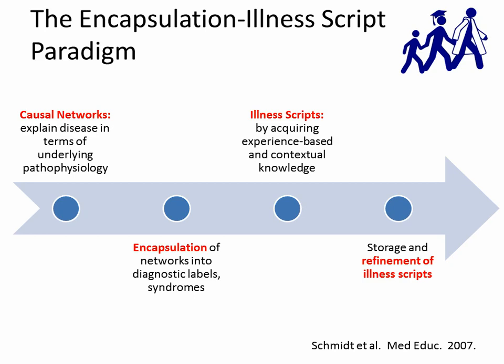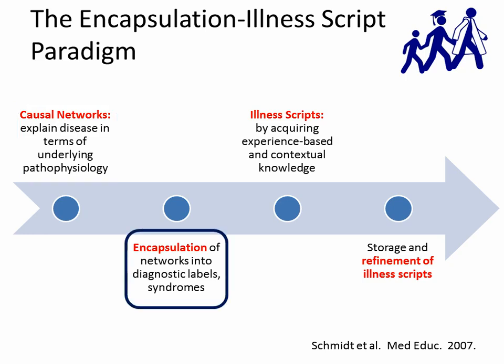And I have it mapped out on this timeline here, and we're going to go through each of these stages one at a time. This paradigm suggests that there are really 4 stages to the development of medical expertise. The first is probably where Bob is, okay? In this first stage, clinical reasoning is really dominated by causal networks, where learners tend to explain disease in terms of underlying pathophysiology.